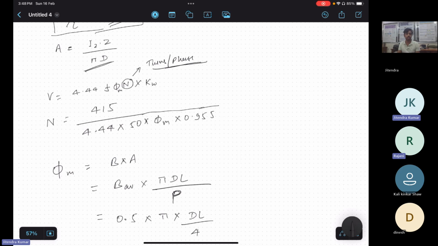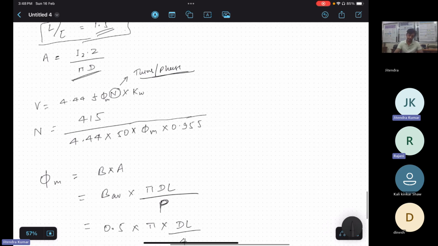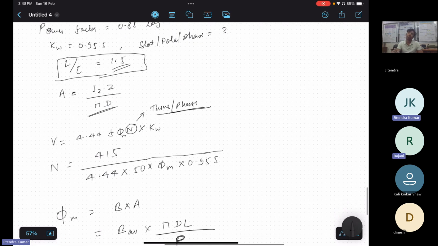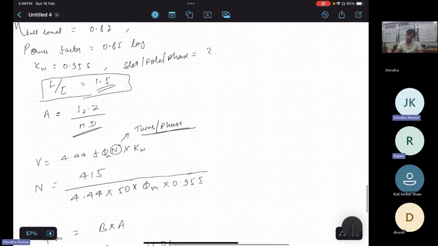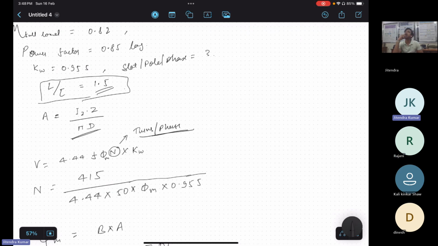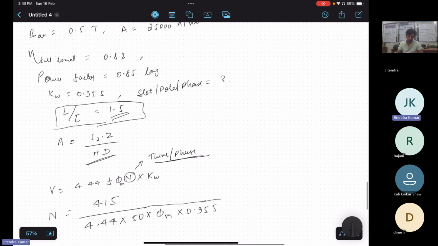We can calculate P now. P equal to 120 F by N. From that we can calculate P, no? In this P is given actually, no?